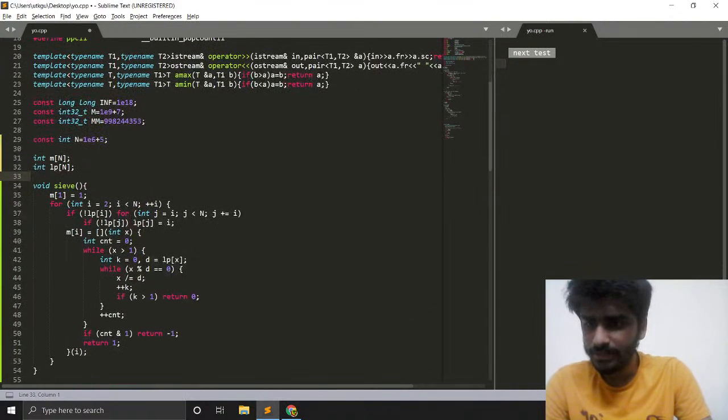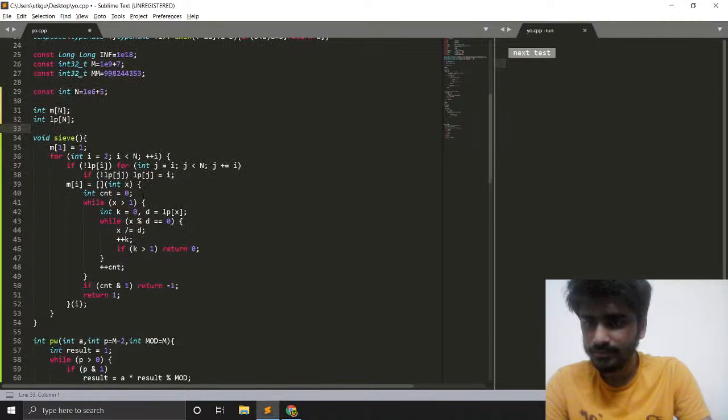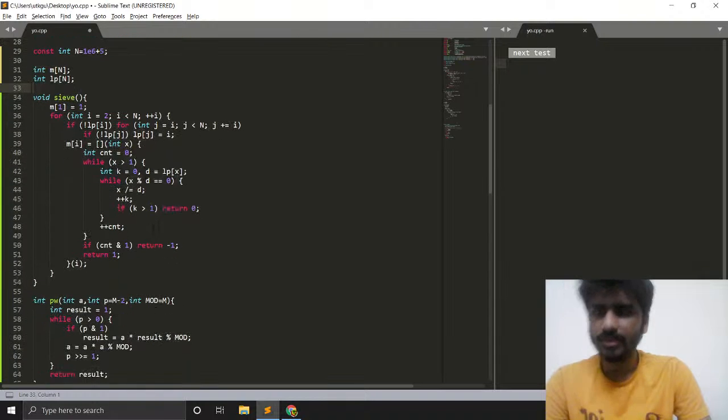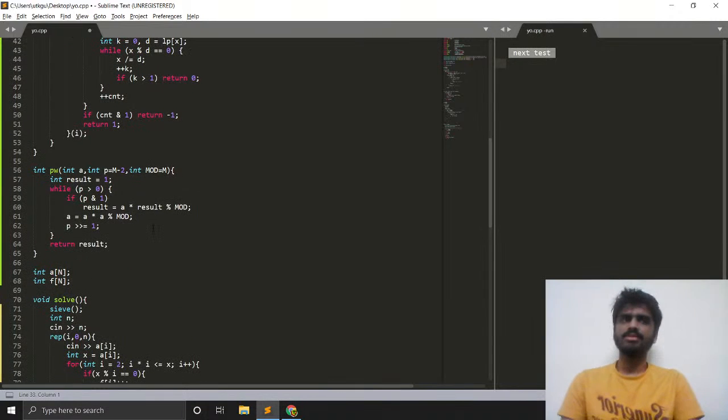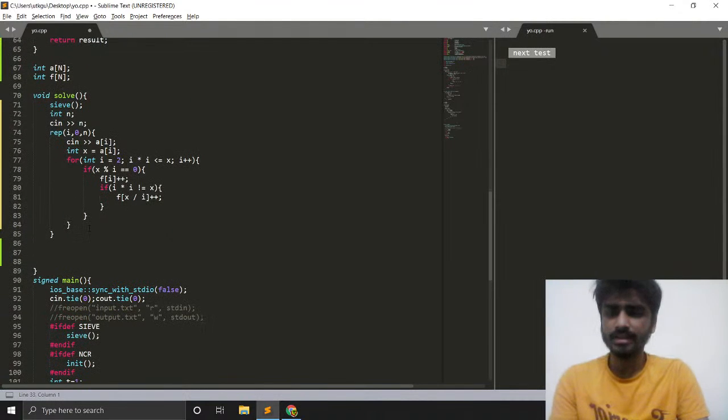I'm not sure what LP is. Okay, yeah, the least prime divisors. So using that I can find the prime factorization, all of it.